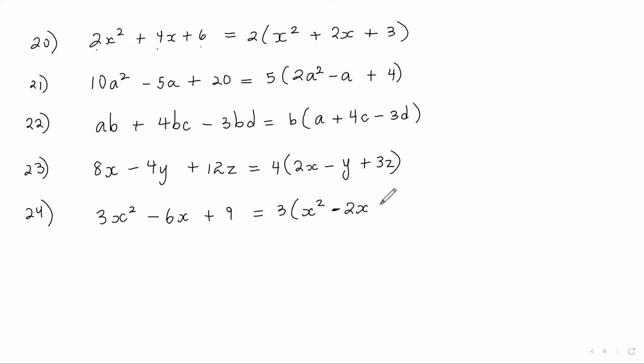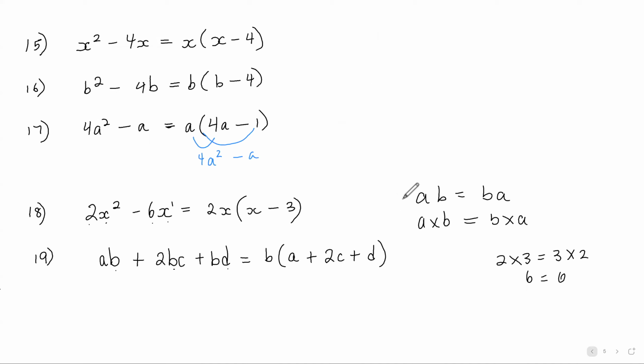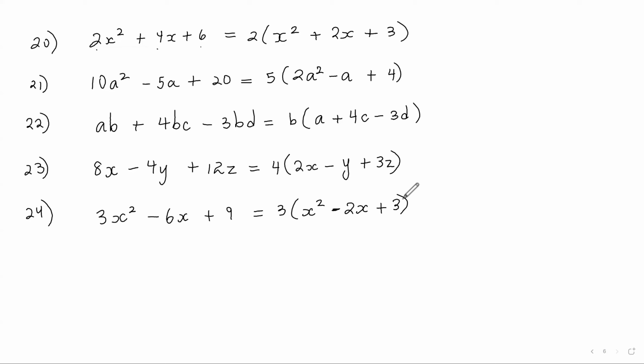And then 3 times what will give you 9? 3. So it's the same way we were doing these, except this one has 3 terms. So 3 times x squared gives me back 3x squared, 3 times minus 2x gives me minus 6x, and 3 times 3 gives me 9. All right? Can you do another one with me, love? Just to seal the deal.